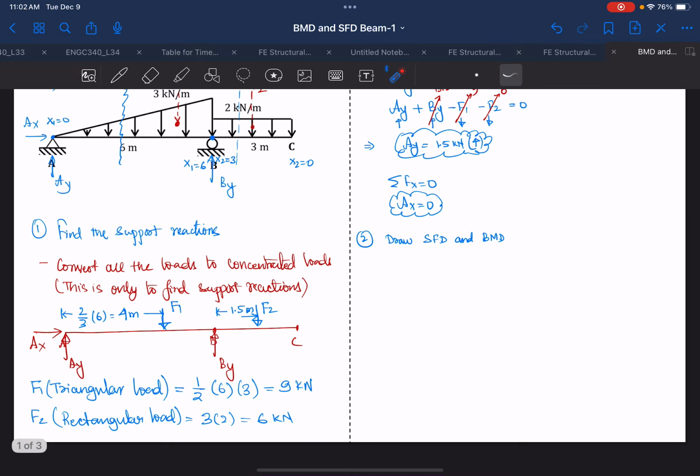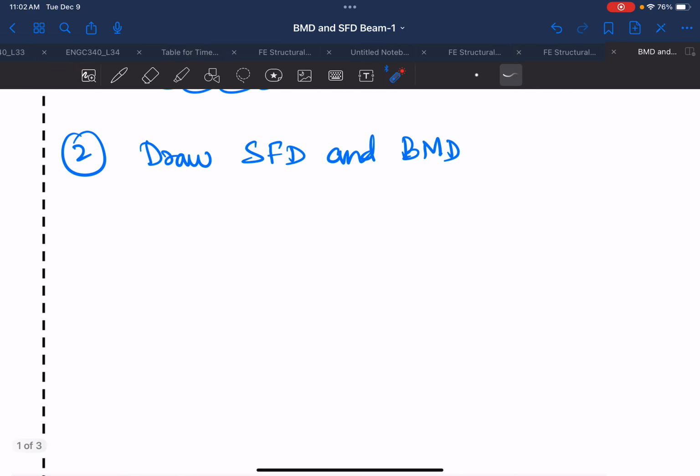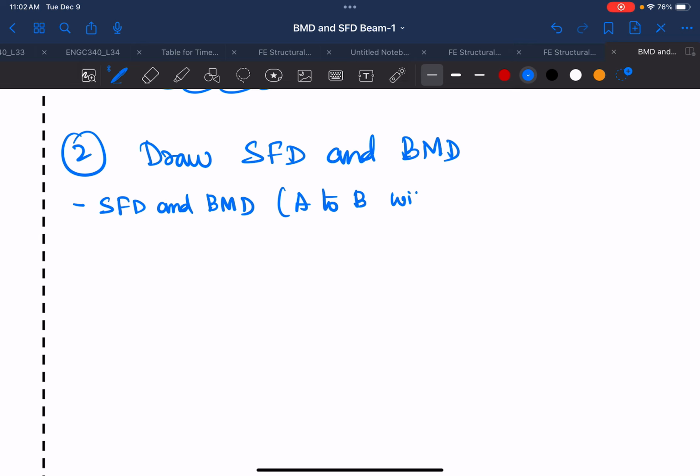Okay, so basically what we are doing is, because we have continuity at B, we'll draw the SFD and BMD equation from A to B with A as origin, and x1 belongs to 0 to 6.